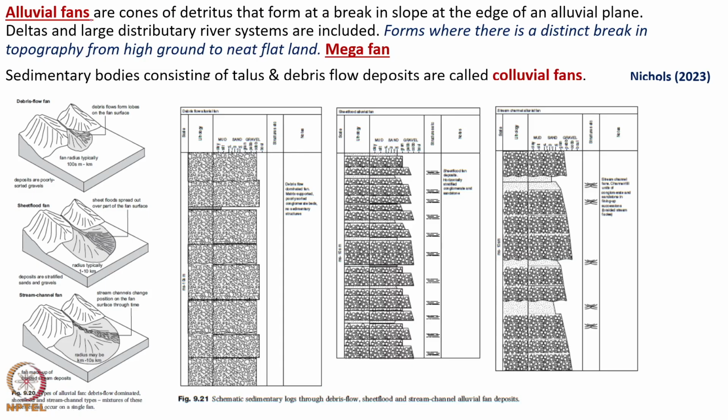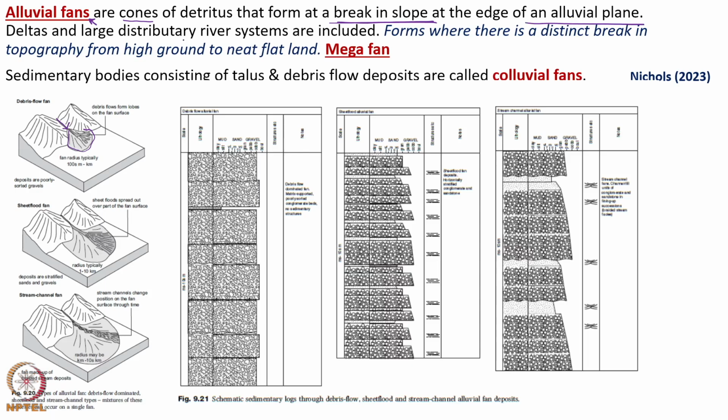Alluvial fans were mentioned in this discussion. Let us look at the typical deposition of alluvial fans. They are cones of detritus that form at a break in slope. Imagine a river coming down from a hill and reaching nearly flat topography. That is the meaning of the term break in slope, at the edge of an alluvial plain.